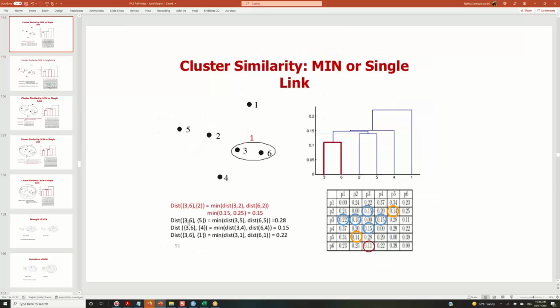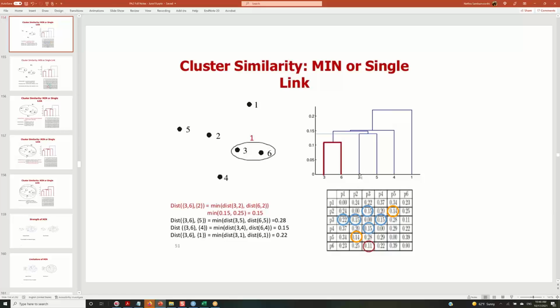So here the distance between 3 and 5 is 0.15, and the distance between 6 and 4 is 0.22. Okay, so the minimum of this is 0.15. I kind of already talked about it. The way I already explained it is much easier. You could see that, right? 3 and 6 are together.